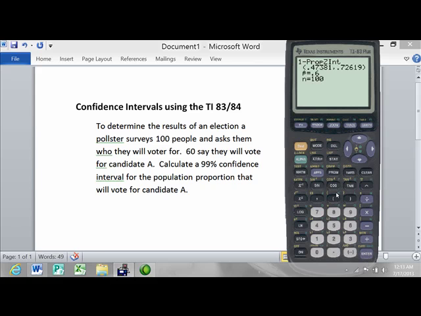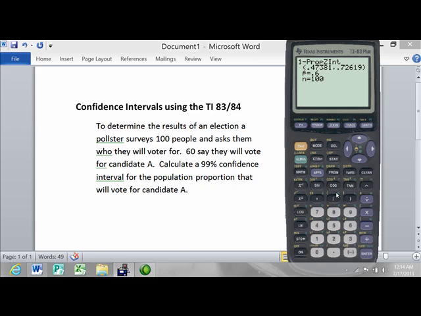So my proportion is going from 0.473 to 0.729. It's quite a wide interval, 0.72619 to 0.47381.